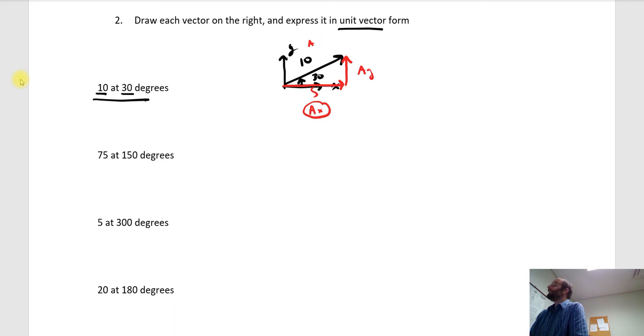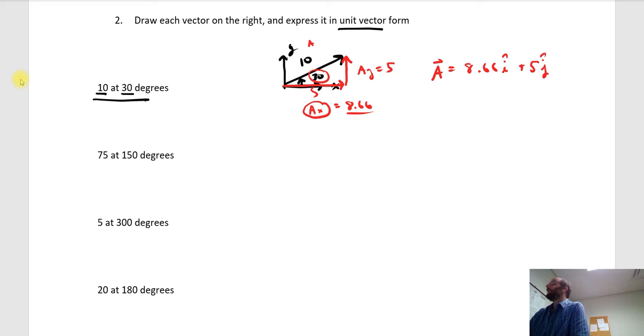And if you go through and do that, you should get 8.66 for this. I'm not going to do all the work for you. But you write out cosine 30 would equal AX over 10. This one will work out to 5. You're going to get that from the sine function. Sine 30 degrees is equal to AY over 10. So this vector A can be written 8.66 to the right, or in other words 8.66i, and then 5 up. And the math way of saying that here is 5j.